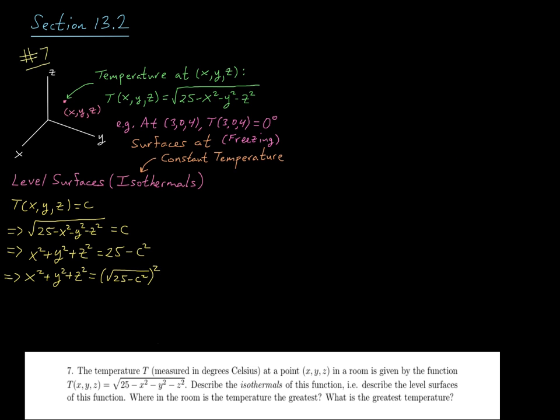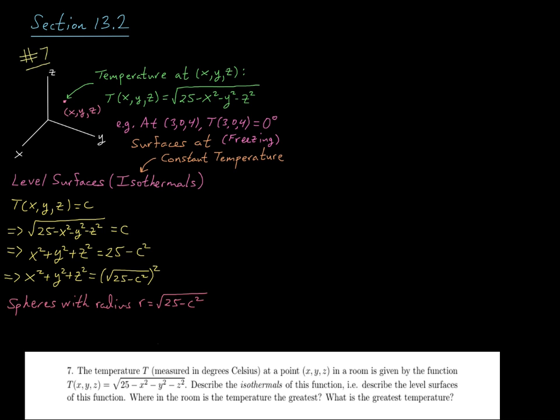Okay, so yeah, these are spheres centered at the origin with radius r is equal to the root of 25 minus c squared. Okay, nice. All right, so before we look at the graphs, I do want to make 2 comments here.